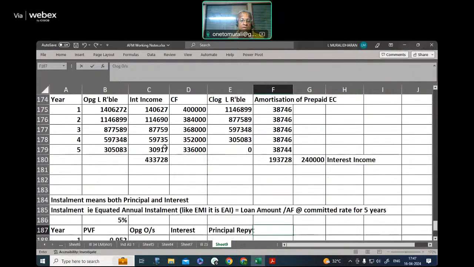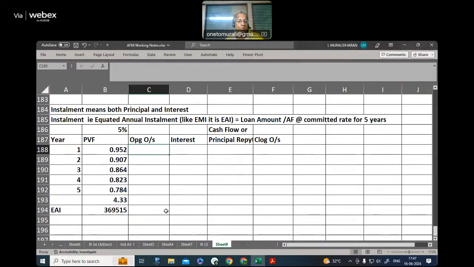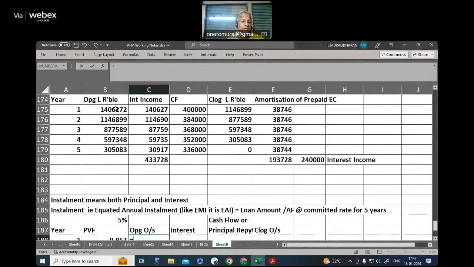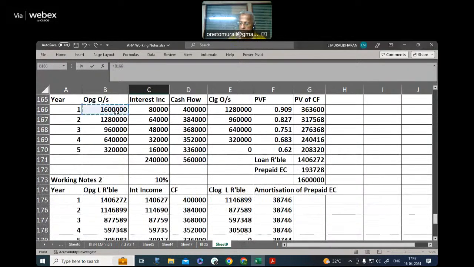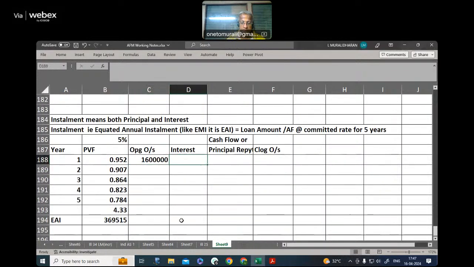They have used a term as cash flow or opening amount outstanding. The opening amount outstanding is going to be this. This into 0.05.